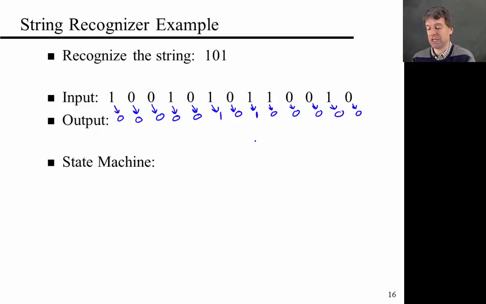Okay, so what's the state machine here? The way I have it, there are basically 3 states. One that I'm going to call none, the initial state, which I'm going to encode as 0, 0.